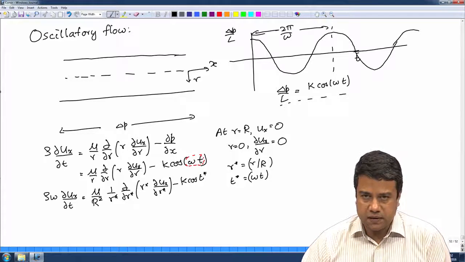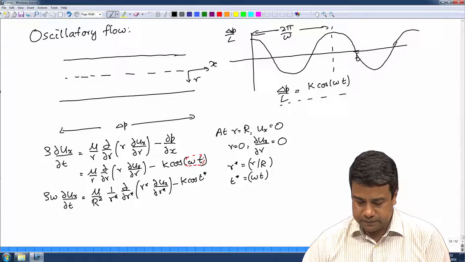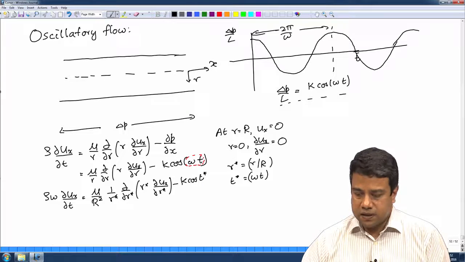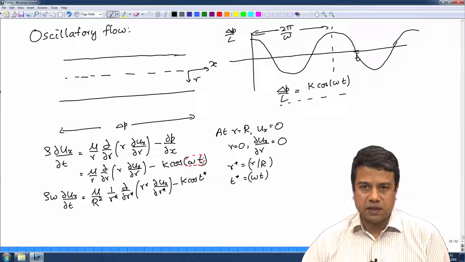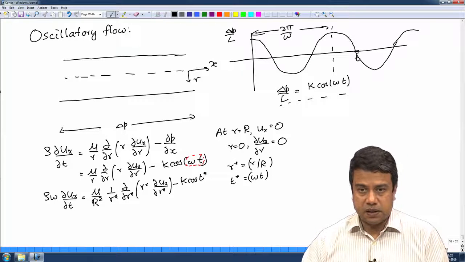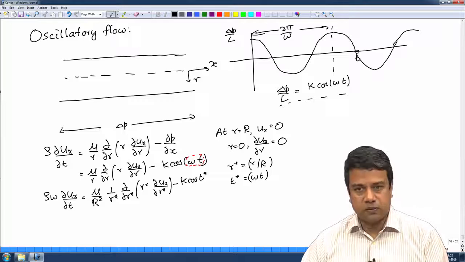Now, I can divide this entire equation by this pressure gradient k, because delta p by L, the amplitude of that pressure gradient, is k.